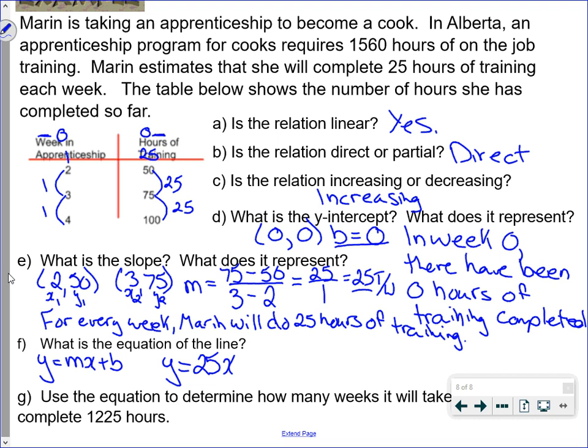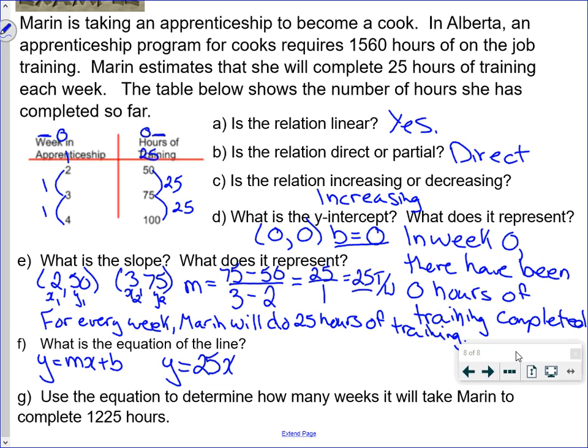The last question, we want to use the equation that we just created to determine how many weeks it will take Marin to complete 1,225 hours of training. So we have to figure out, is the number of training hours the x value or the y value?